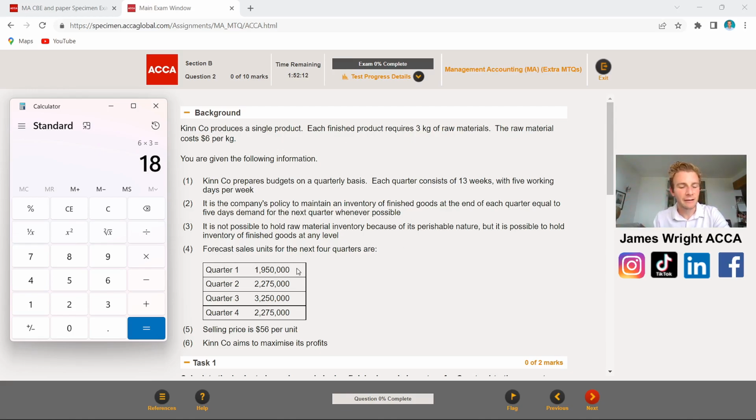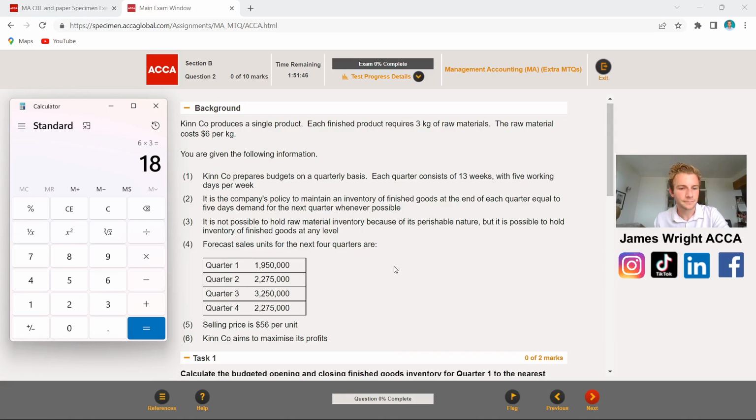Using the words they've used, the finished goods at the end of quarter 1 are equal to 5 days demand for the next quarter where possible. So that'd be 2,275 divided by 13. It's just to put it in context, that it's the company policy, finished goods at the end of each quarter.